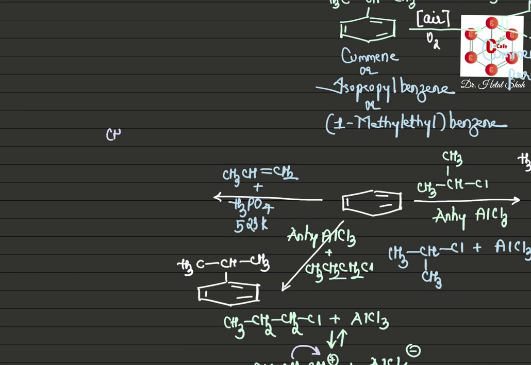CH3, CH double bond CH2 gets protonated because of the acid. So what would happen when it gets protonated? You get CH3, CH plus and CH3. H gets added here by Markovnikov and there's a positive charge created here. So it would once again give you the same product. Cumene.